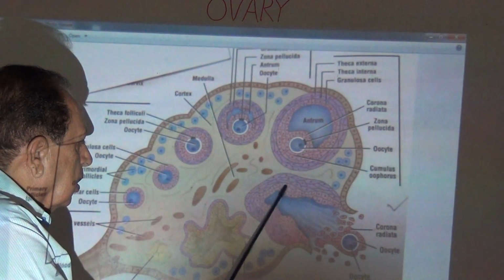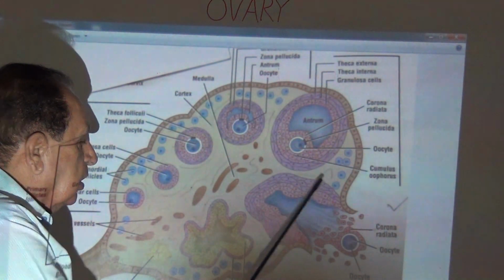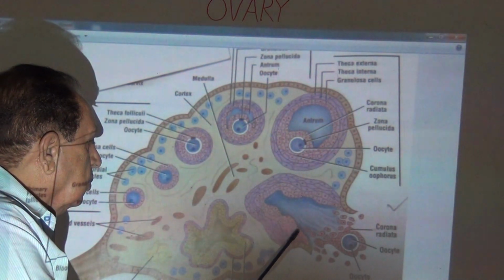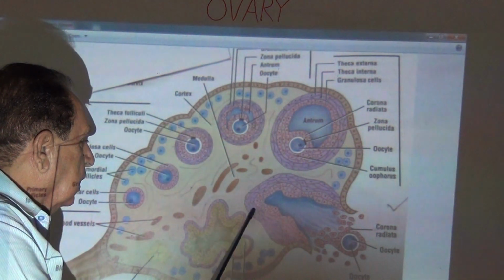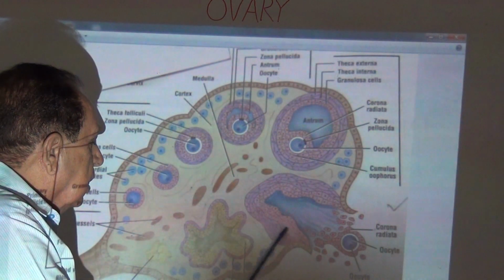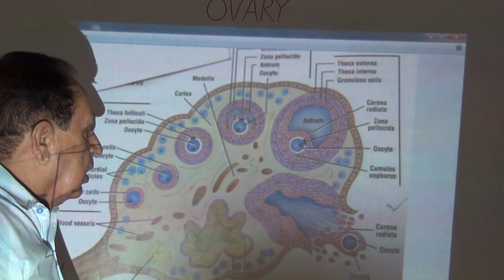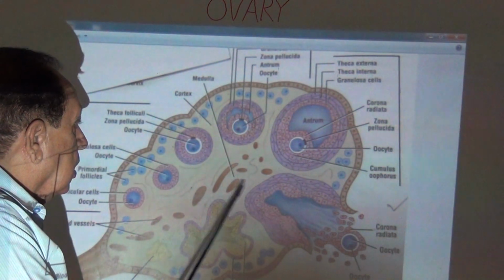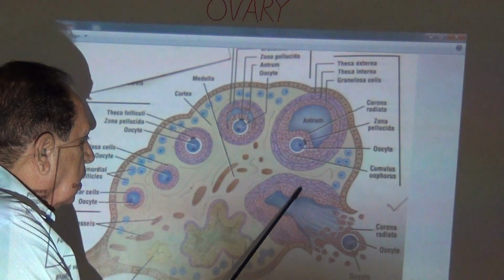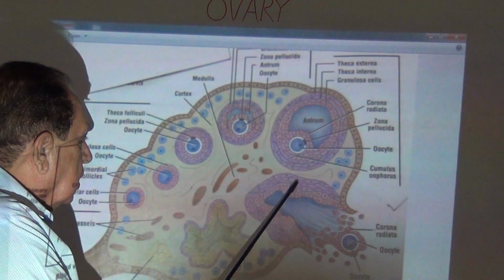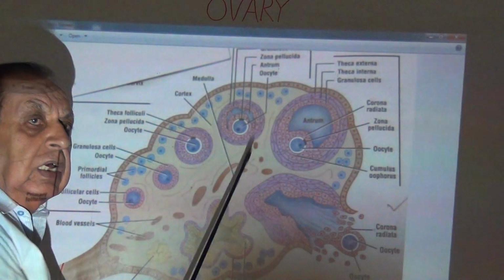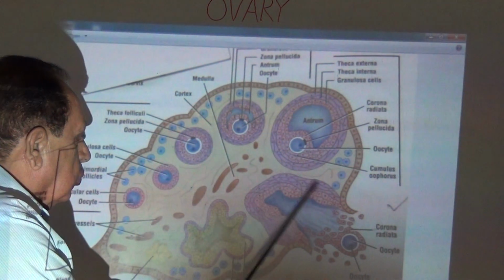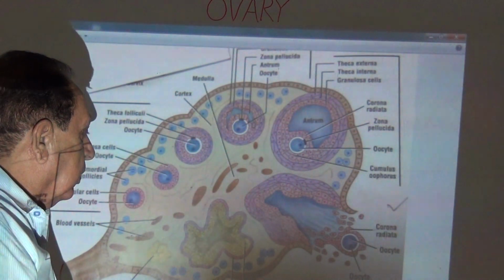Here they are called the theca lutein and granulosa lutein when it changes to a gland, the corpus luteum.